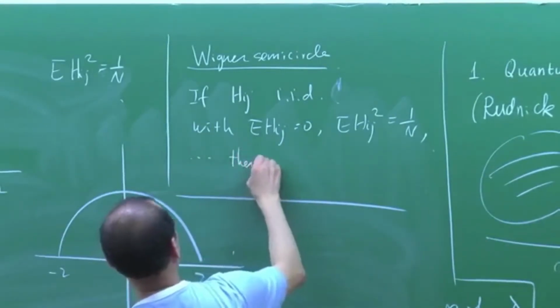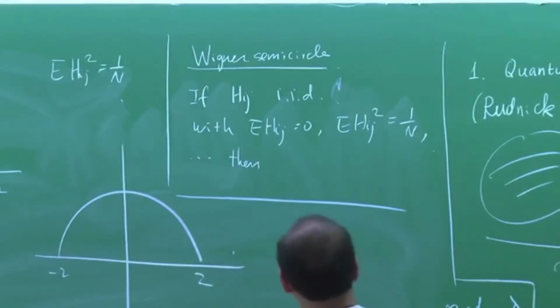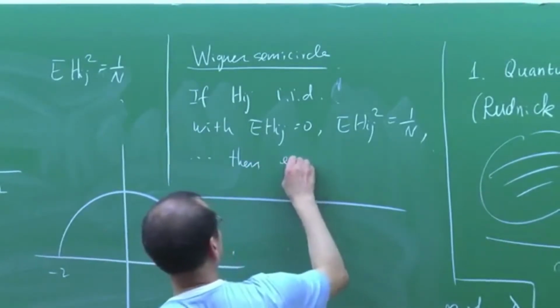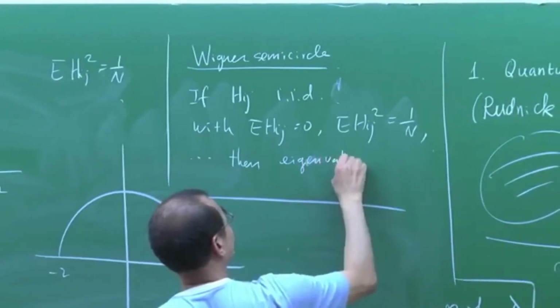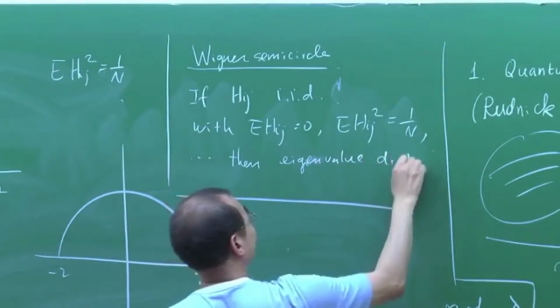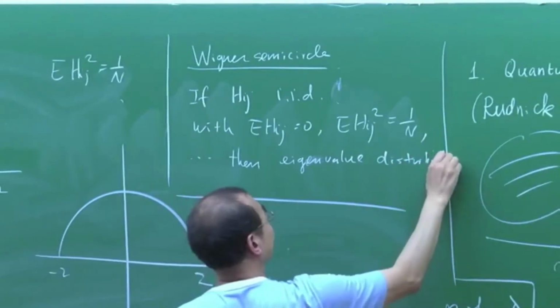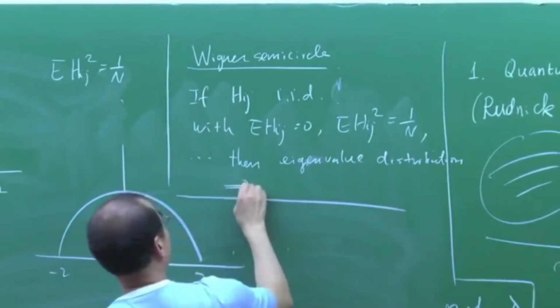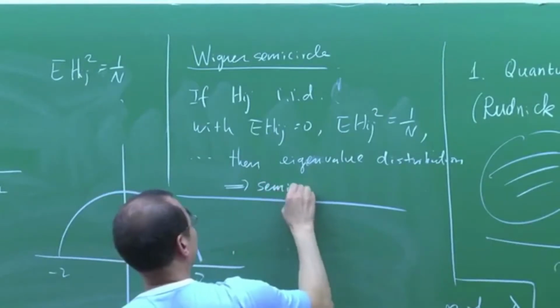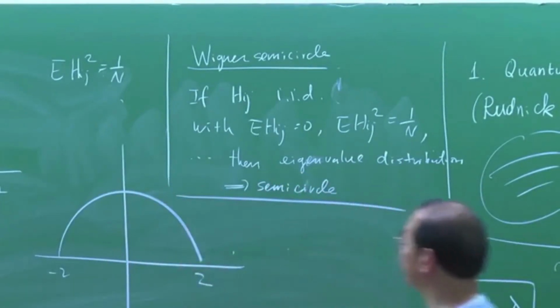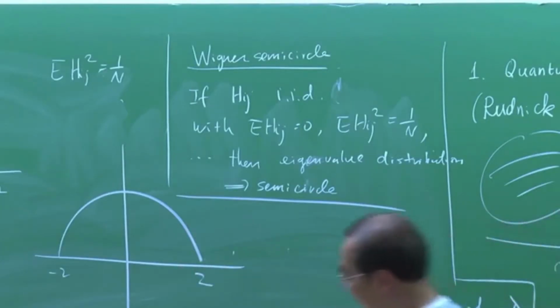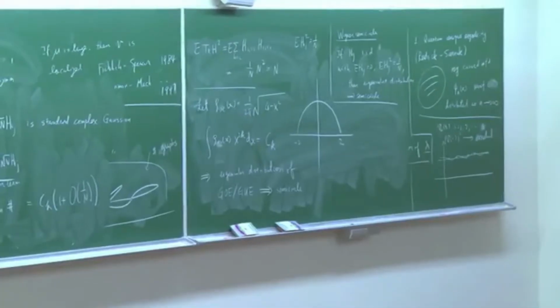Then the eigenvalue distribution converges to the semicircle. This theorem was proven in the 1950s, around this time.